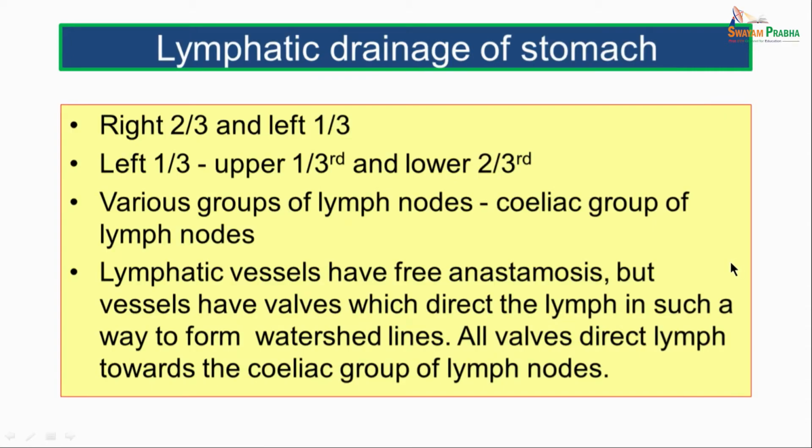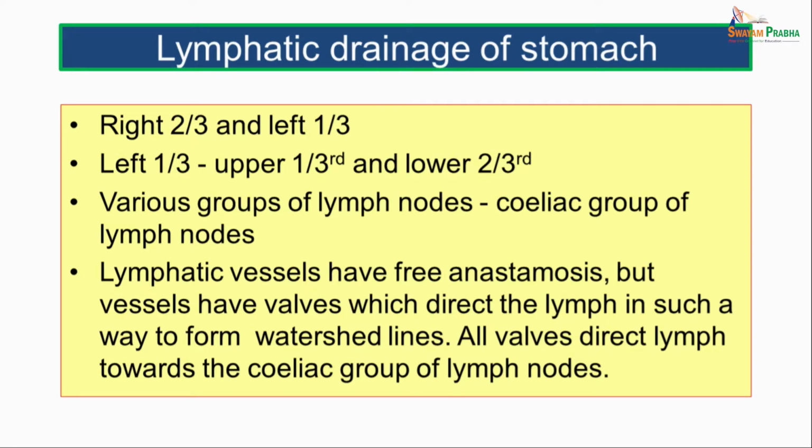Moving on, let us see what is the lymphatic drainage of the stomach. The lymphatic drainage can be divided into various areas: areas draining the right 2/3 of the stomach and the left 1/3 of the stomach. The left 1/3 can further be divided into the upper 1/3 and the lower 2/3.